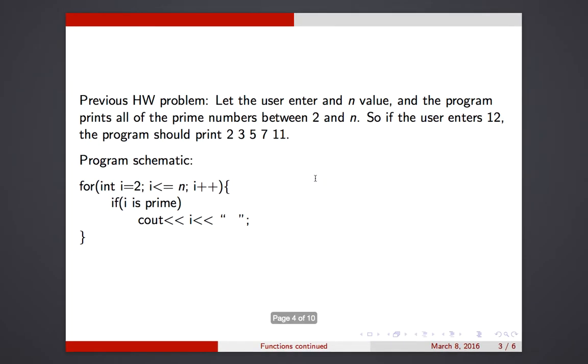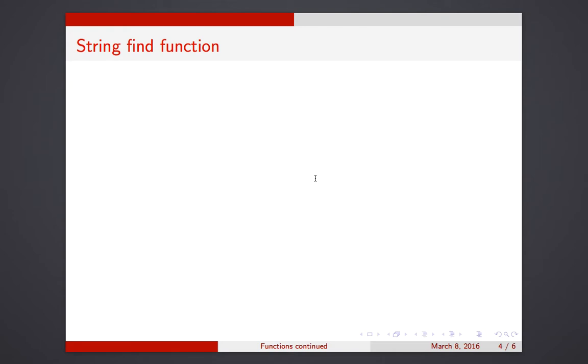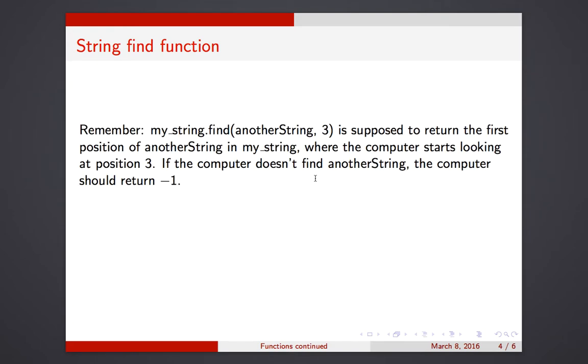Okay, so now let's move on to our next example, building a string find function. Remember that this is how the string find function is supposed to work. You do myString.find, and then you tell it what you're looking for, and where you want it to start looking. So that 3 is a position number.